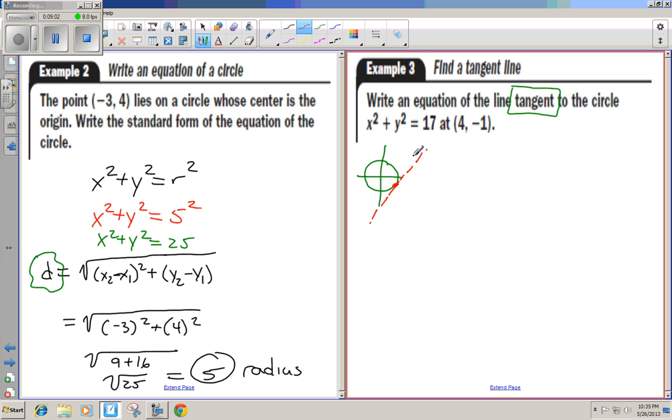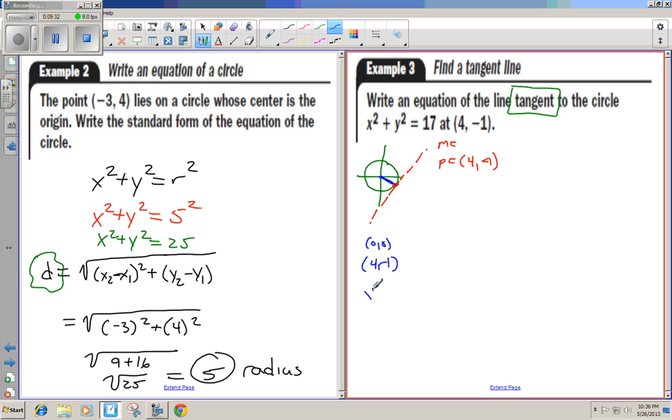All right. So to find the equation of this line, you need to know the slope of the line and at least one point. Now we already know 4, -1 is a point on this line. All we have to do is imagine that this radius has a slope. I mean, we don't have to imagine, it actually has a slope. From 0, 0 to 4, -1.